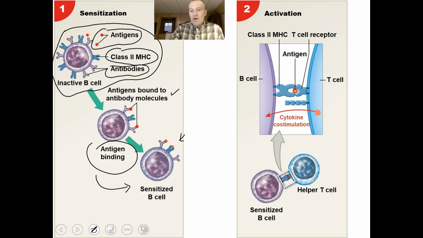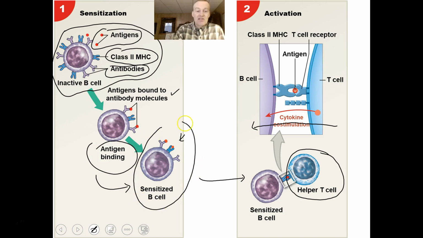A sensitized B cell will become activated once it joins with a helper T cell. That helper T cell is going to stimulate that B cell with cytokines to become activated. So it'll actually mature or differentiate into a plasma cell once the helper T cell activates it. So we have to have sensitized B cells. They then have to be activated by helper T cells by that cytokine stimulation.